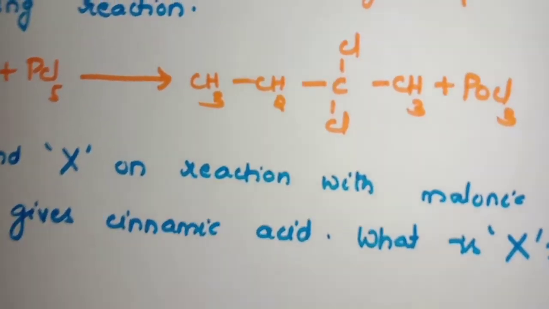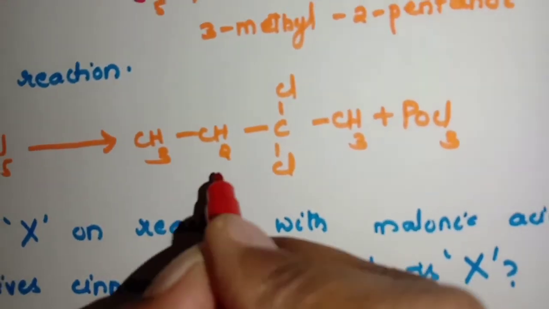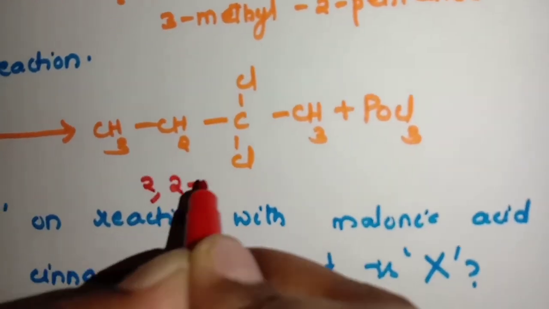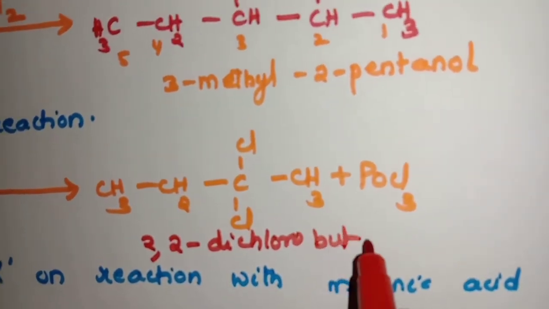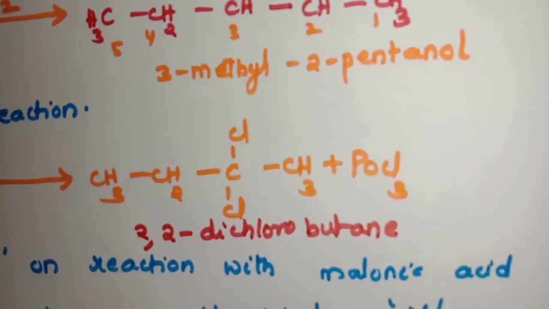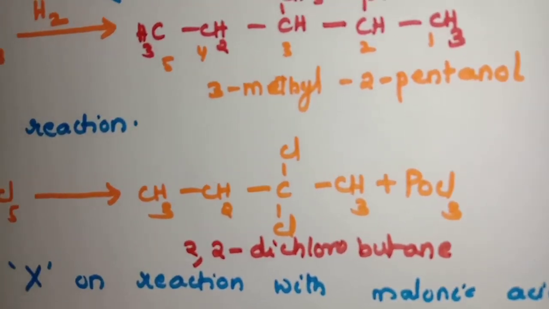This is a non-terminal gem dihalide. We can name it 2,2-dichlorobutane because 4 carbons are there. It is a non-terminal gem dihalide.